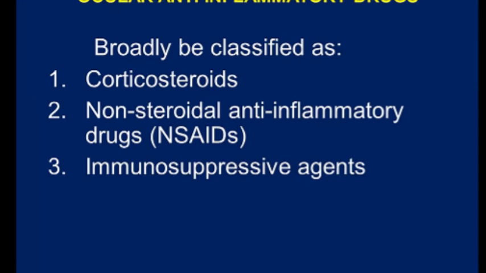So now let's go to ocular anti-inflammatory drugs. The anti-inflammatory drugs are classified into 3. We have the corticosteroids, or what you also know as the steroids. We have the non-steroidal anti-inflammatory drugs, the NSAIDs, and we have the immunosuppressive agents. These 3 classes of drugs help to treat inflammation. We already know what inflammation is, and anti-inflammation means you're resolving an inflammation.